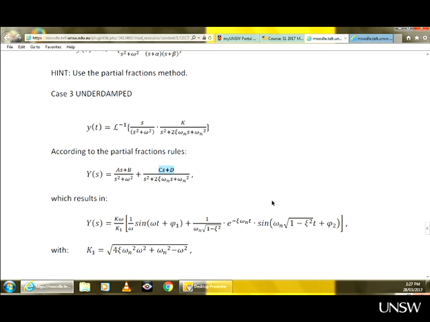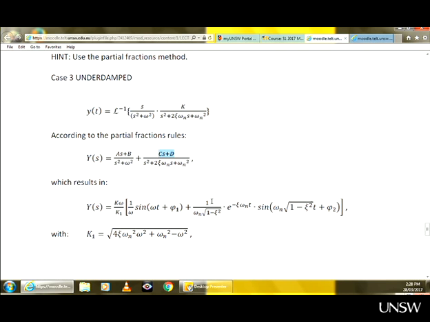Okay, so we are skipping that as well. Once you find the values a, b, c, and d, then you are able to find the inverse Laplace transform of each term separately. And when you do, you get a lengthy expression here.